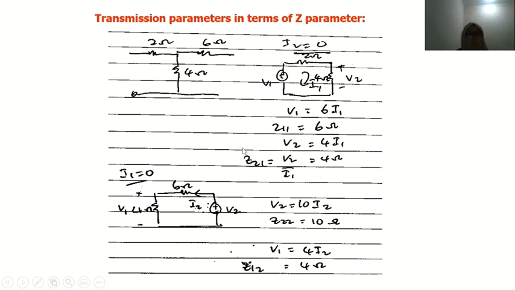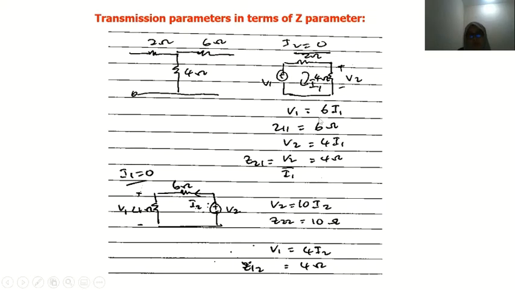But as I mentioned before, we can get your transmission parameters in terms of your Z parameters. The working is by getting all your Z parameter values. The Z parameter procedure is by first assuming your I2 is equal to 0. This is the equivalent circuit that you have.